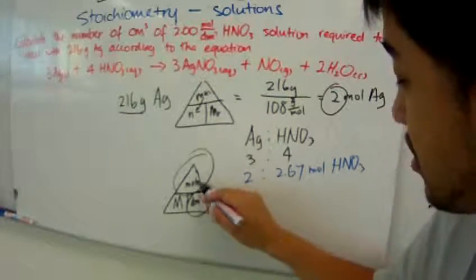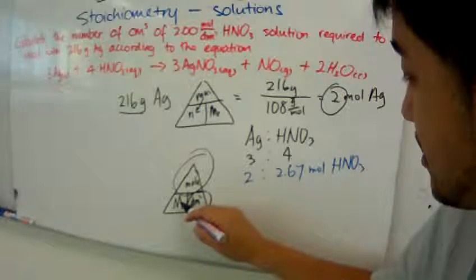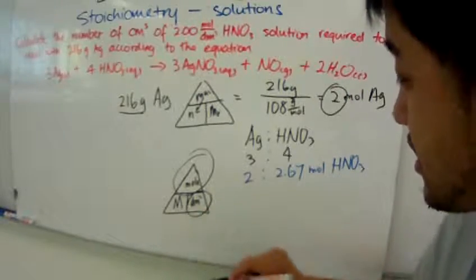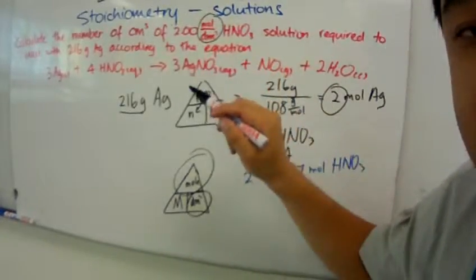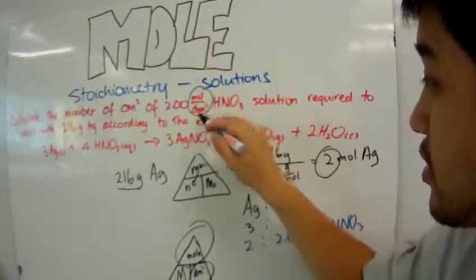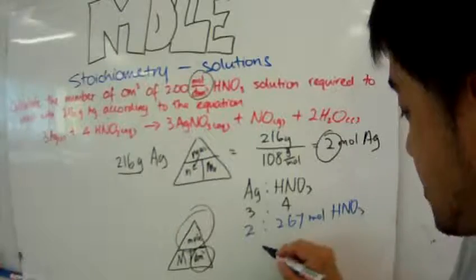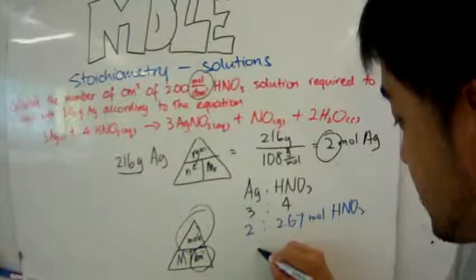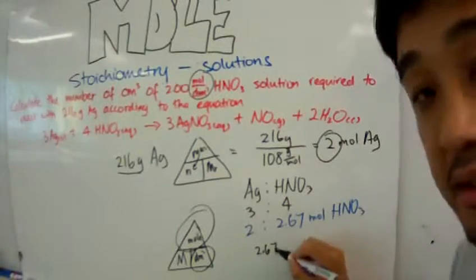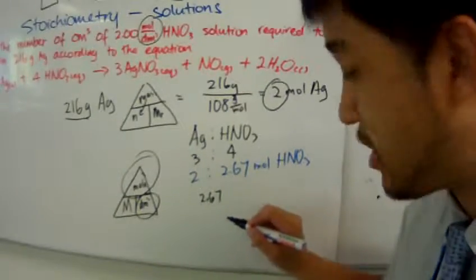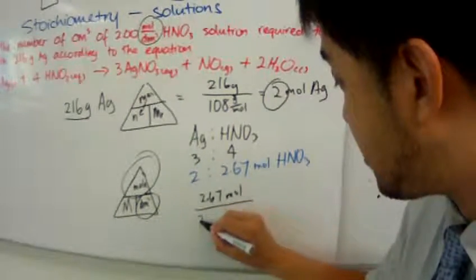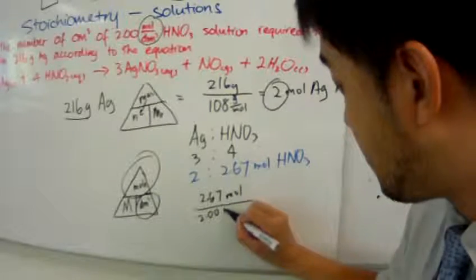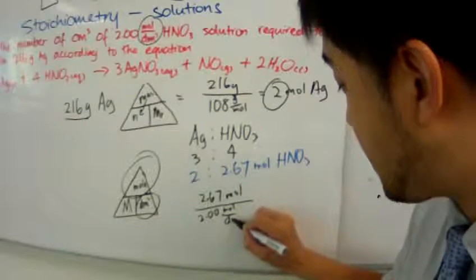So we will take the moles and divide it by the molarity, which is simply moles per dm cube. Okay, so let's do that. We take the moles, which is 2.67, moles divided by 2 moles per dm cube.